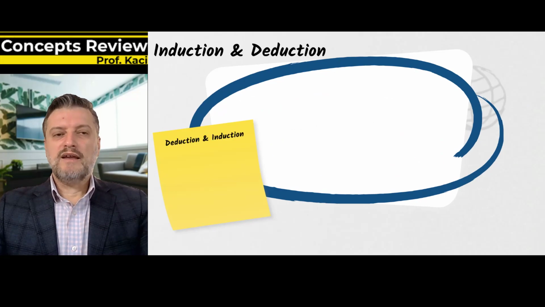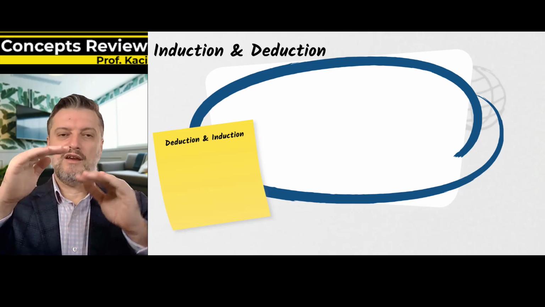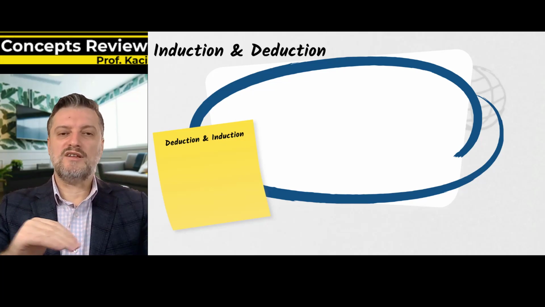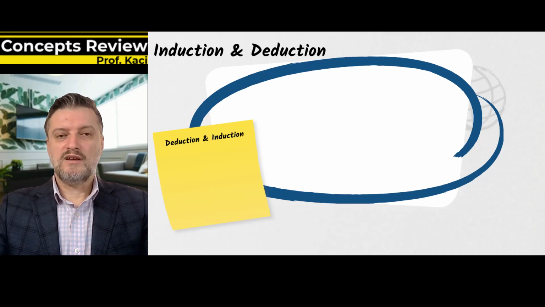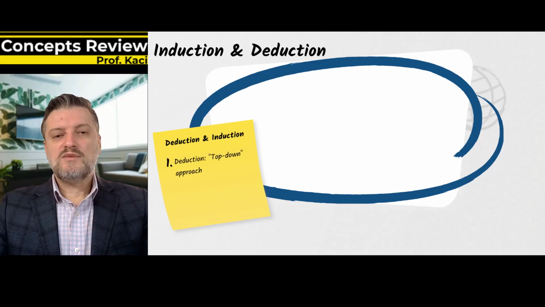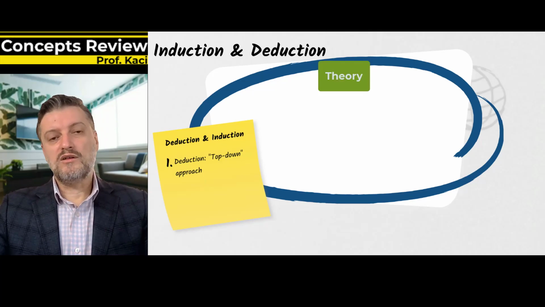A brief reminder here that deduction involves moving from a level of theory to a specific hypothesis, thus moving from more general to more specific. Sometimes this is informally called a top-down approach. We might begin with thinking up a theory about our topic of interest.